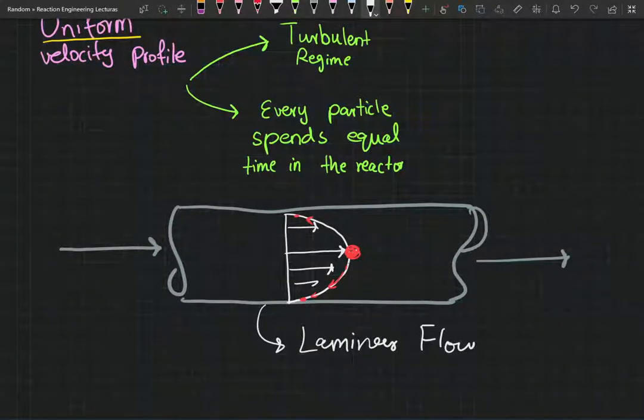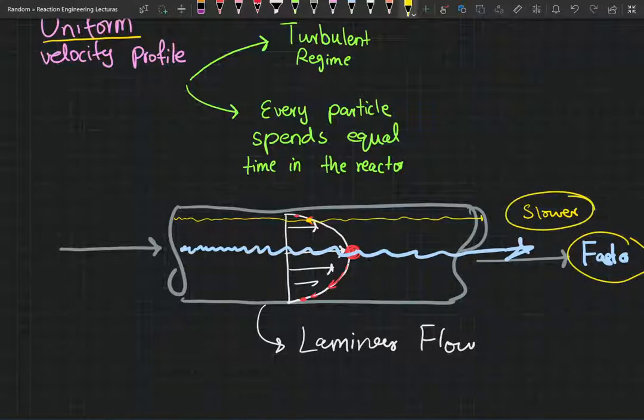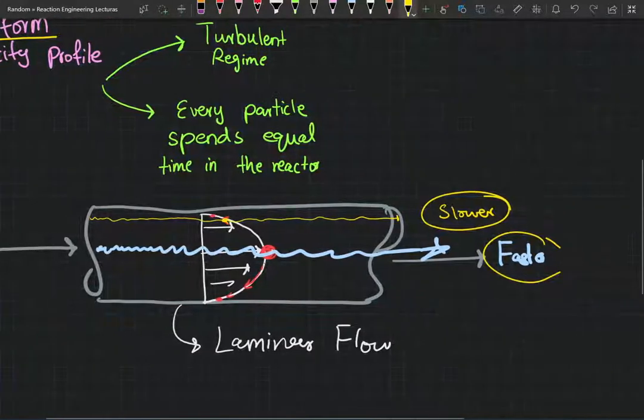And as you guys can probably see, the particles at the center are faster. But particles at the edge, where the velocity is slightly slower, are slower. Therefore, both of these particles have different residence times.